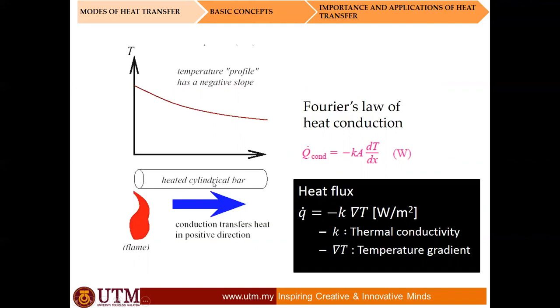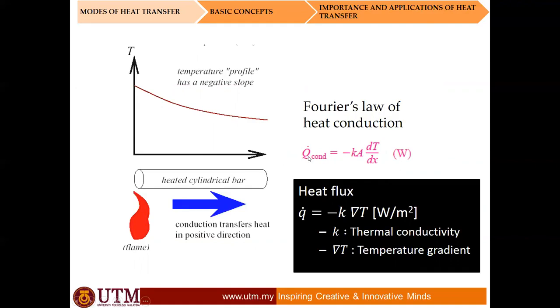So it doesn't matter. Heat transfer through conduction is governed by Fourier's law of heat conduction. It is mathematically represented by this equation.